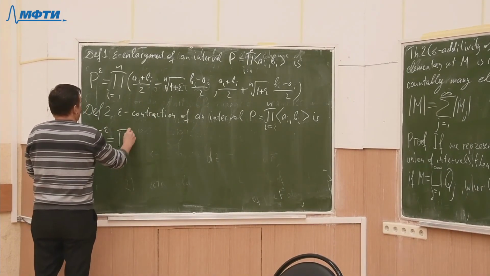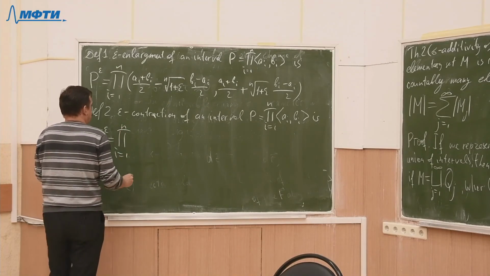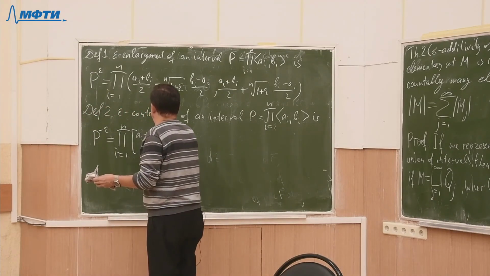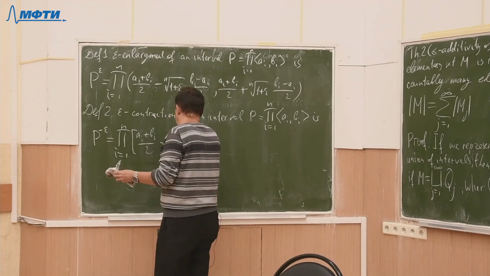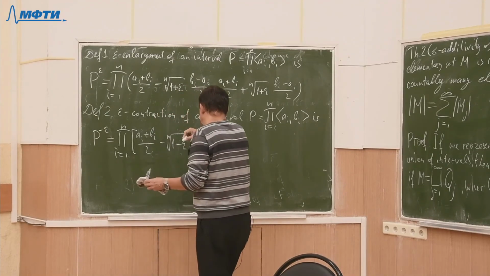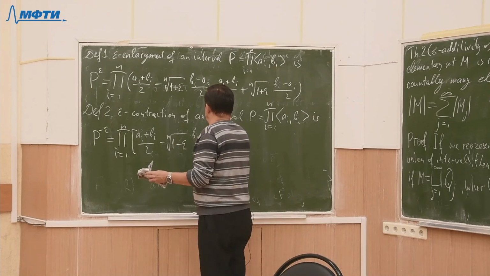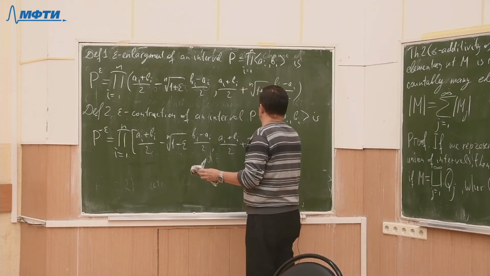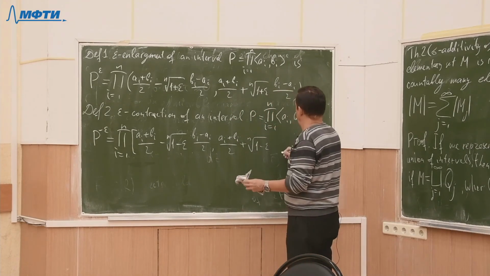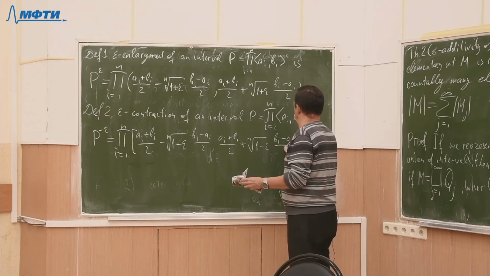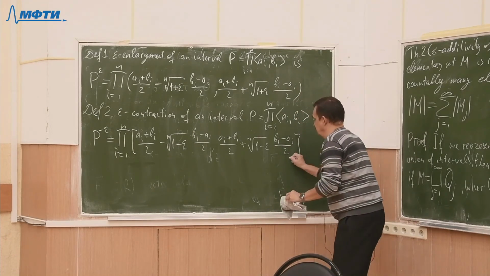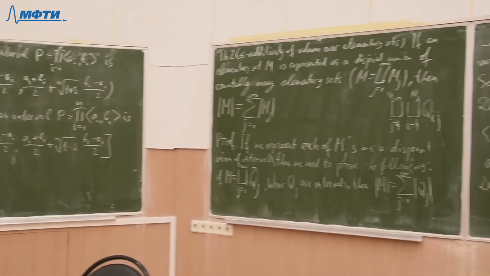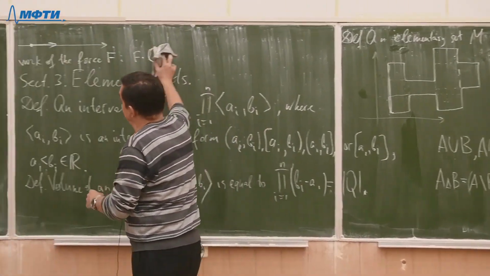That is the product, i from 1 up to n, of the closed interval from (ai plus bi)/2 minus the nth root of (1 minus epsilon) times (bi minus ai)/2, to (ai plus bi)/2 plus the nth root of (1 minus epsilon) times (bi minus ai)/2. Closed interval.